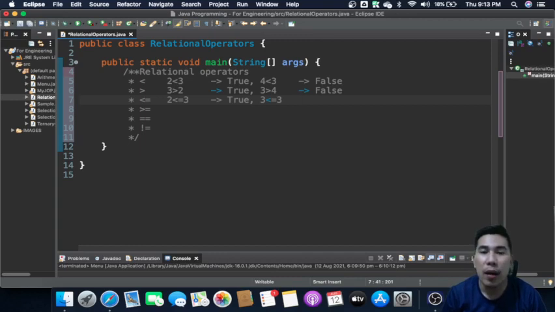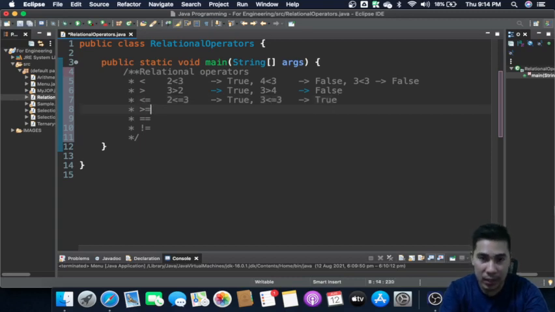Sometimes when I give them 3 is less than 3, they might read this as true, but actually it's false. But right here you have 3 less than or equal to 3. 3 is not less than 3, but it is equal to 3.